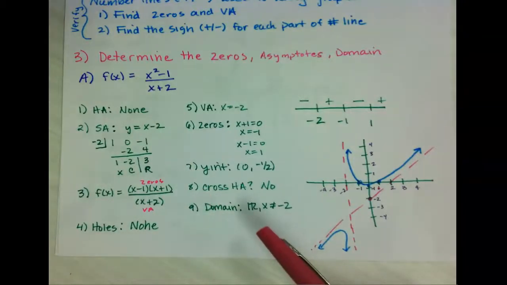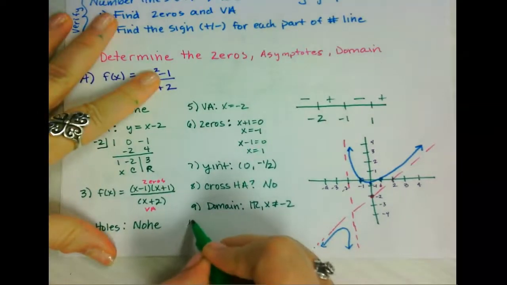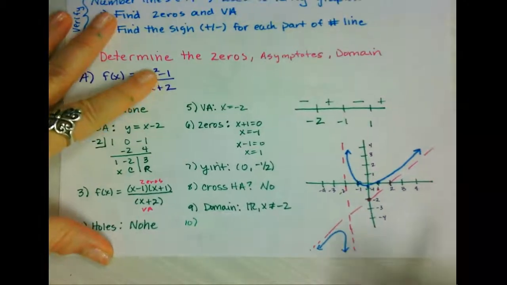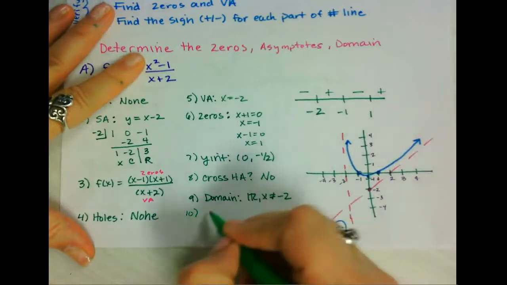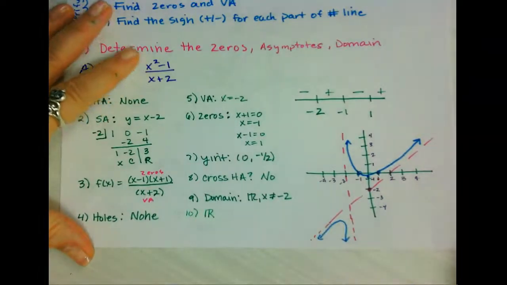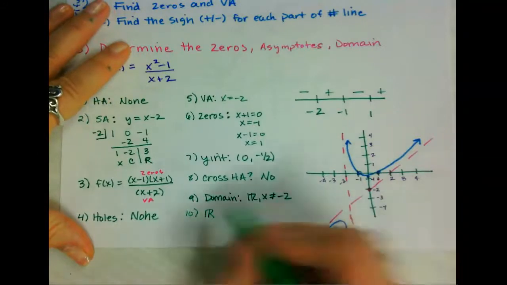And then we have our domain, which is going to be all real numbers where x is not equal to negative 2. The range is going to be a little bit different because we have this skip in the graph right here. So when I'm writing the range, I'm going to use my all real number symbol, and then I don't really have any holes to skip.